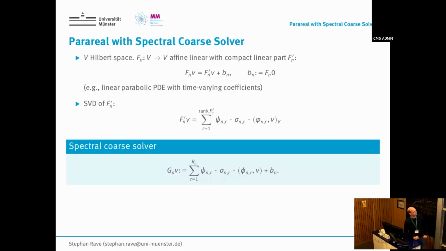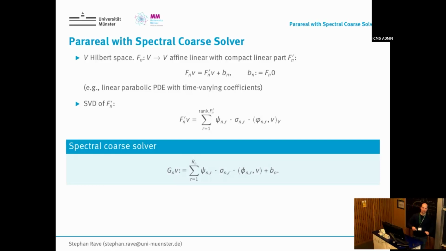And now my spectral or reduced basis coarse solver, however you want to call it, is simply given by a truncated SVD of the linear part of the fine solver. And I also include the affine shift.